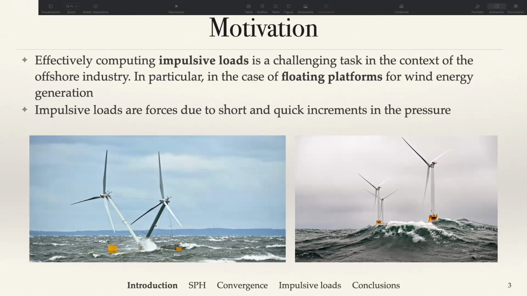These maximum pressures are usually linked to violent phenomena, such as breaking waves, where impulsive loads are involved. An impulsive load is a quick and rapid increment in the pressure field that leads to a type of force that we call impulsive load.